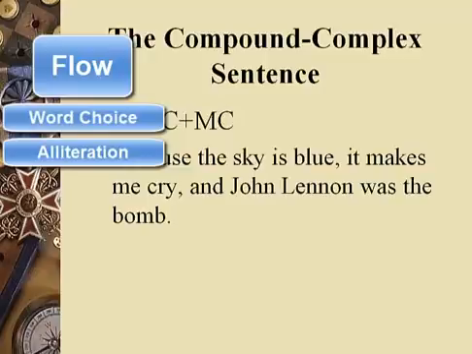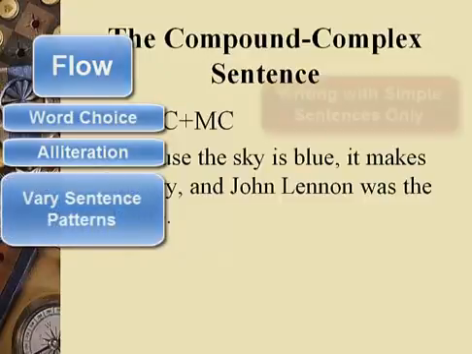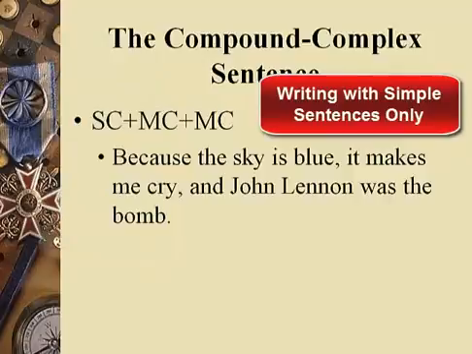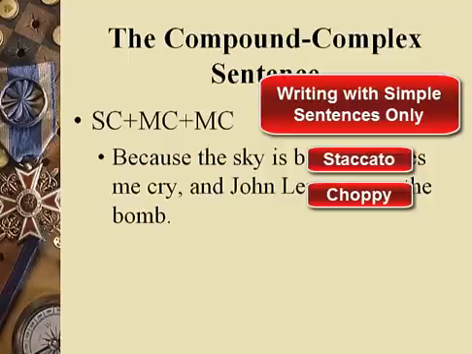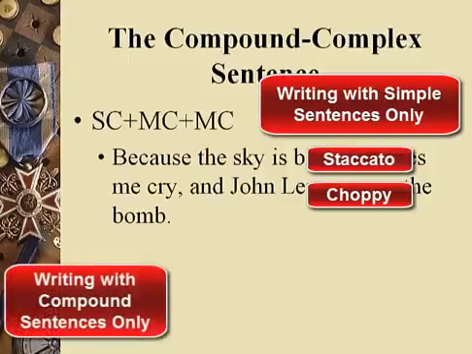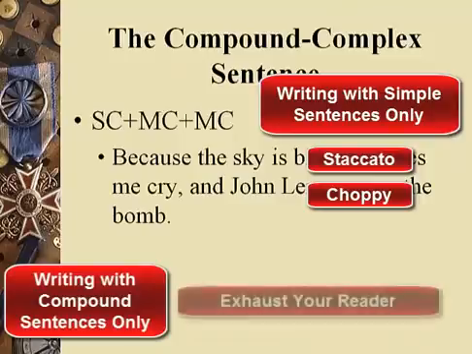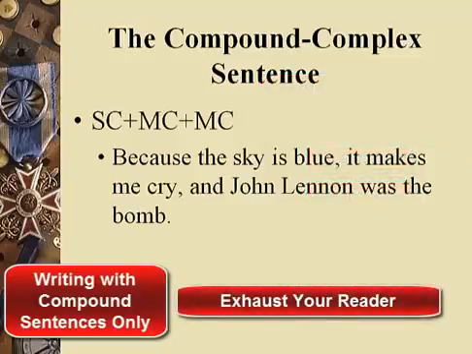I would suggest here too, though, that one of the best ways to make your text flow is to vary sentence patterns. If you are constantly writing in simple sentences, it's very staccato, very jackhammer-like, and that's not a good thing. If you're constantly writing in compound, complex sentences, you may exhaust your reader before he or she is halfway through the first page.